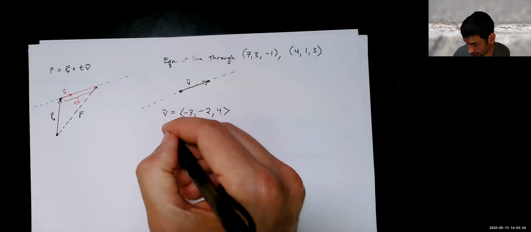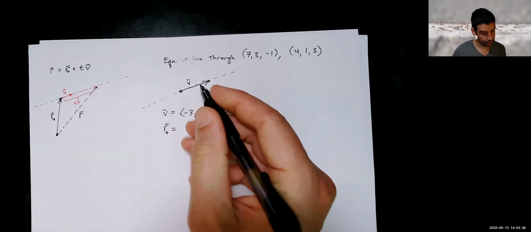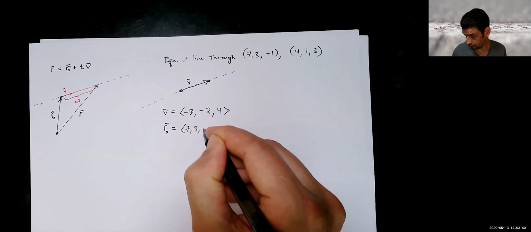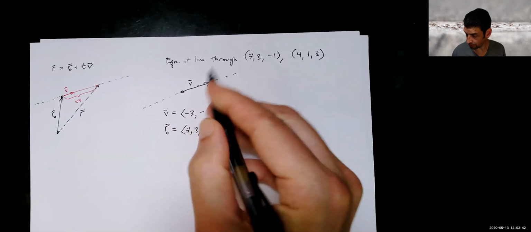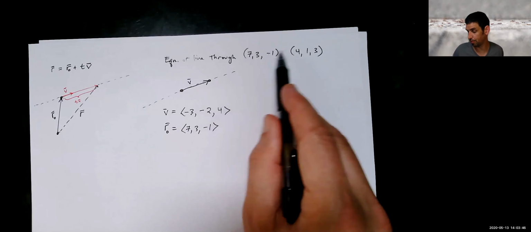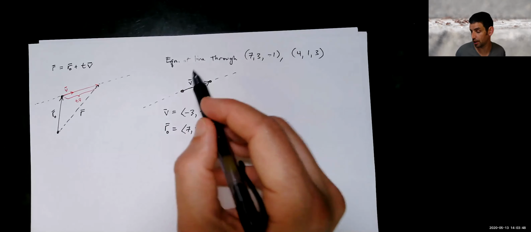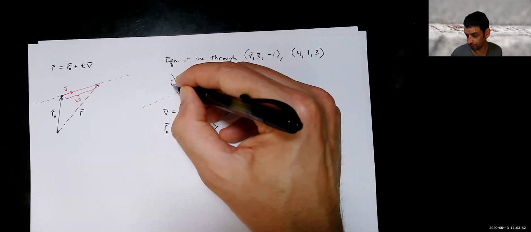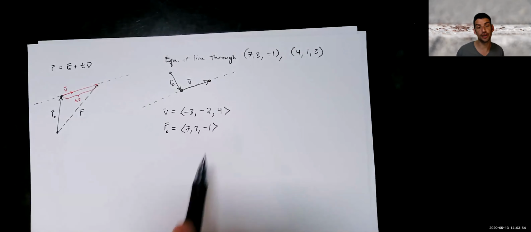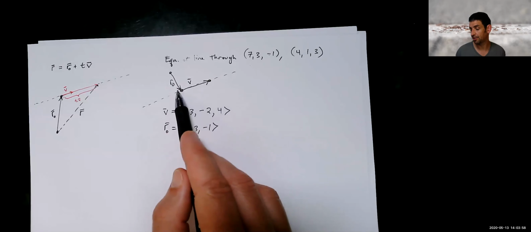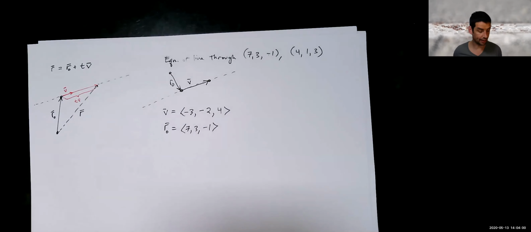And then for r naught, I'm just going to choose this point. So v goes from this point to that point, and I've chosen r naught to point at this point. So I'm imagining the origin over there, and I've got r naught pointing at this one, and then when I add scaled versions of v to it, I get all of these.